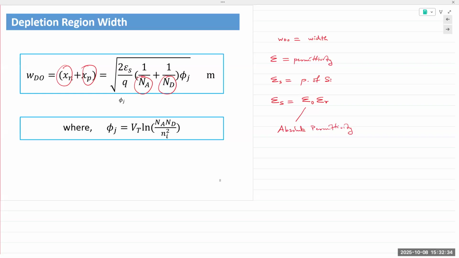No, not quite. It's 8.85, 10 raised to minus 12. The reason I bring this up, no worries, as long as you take a stab at it, is because, and there are many reasons why they use different unit prefixes, most of these quantities are always referred to in centimeters.